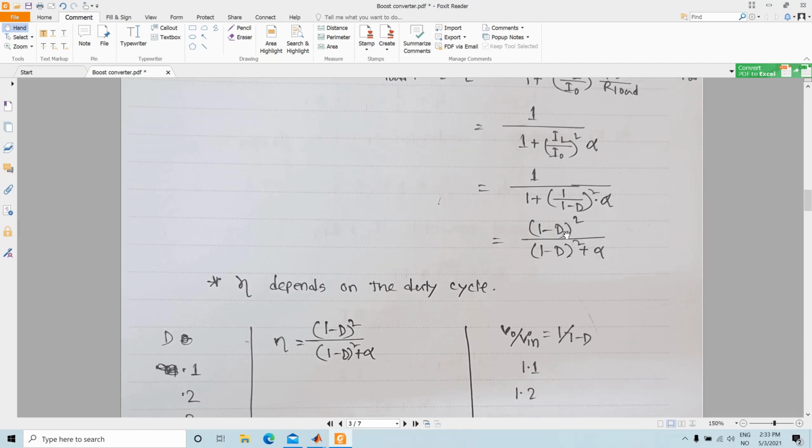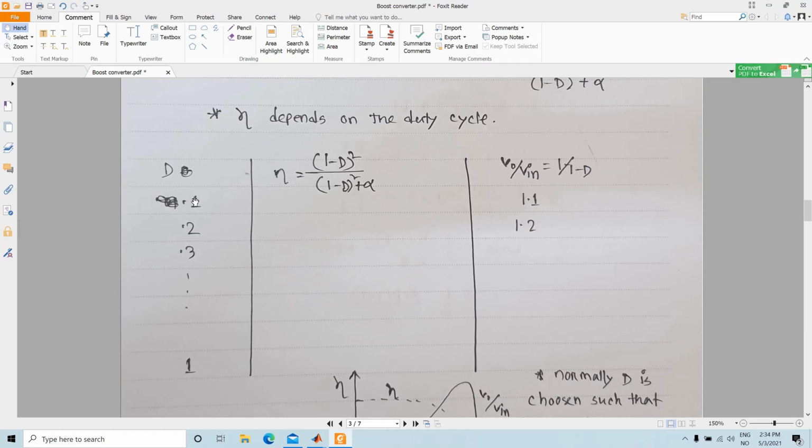So our efficiency can be represented by this equation, whereas our input and output voltage are related by 1 divided by 1 minus D. If we vary the duty cycle D from 0.1 to 1, then we will have different efficiencies, and different output voltages as well, or rather the ratio of the output and input voltage.